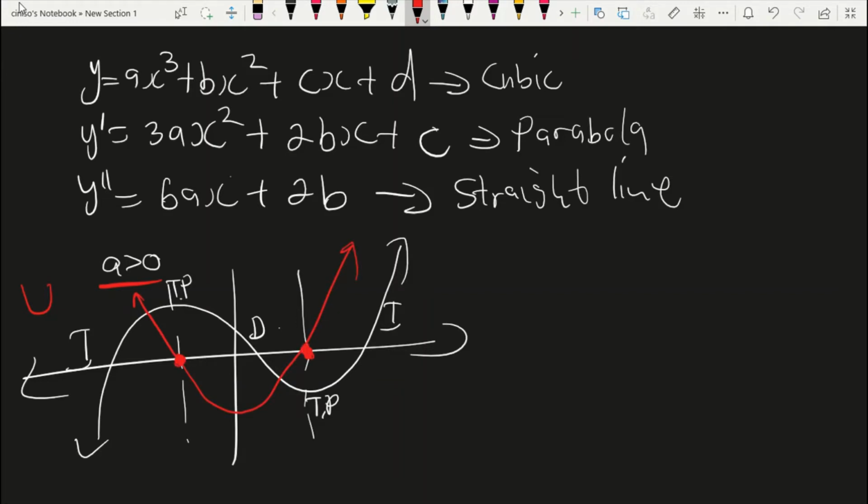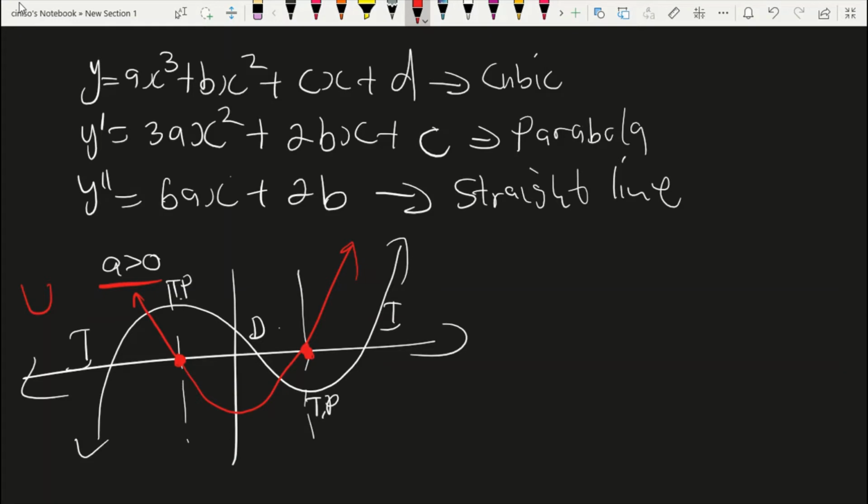So the x values of the turning points of a cubic function are the x-intercepts of a parabola. And if you derive further, you will get a straight line. So if you derive the parabola, you will get a straight line, which is the second derivative of a cubic function.